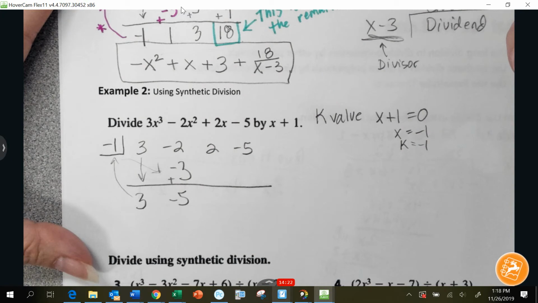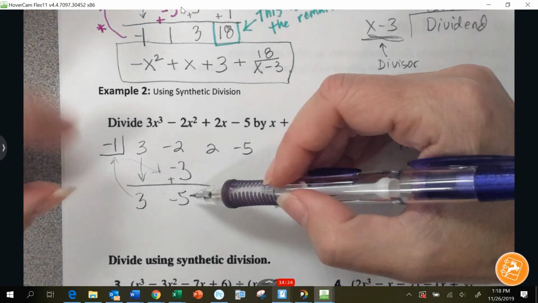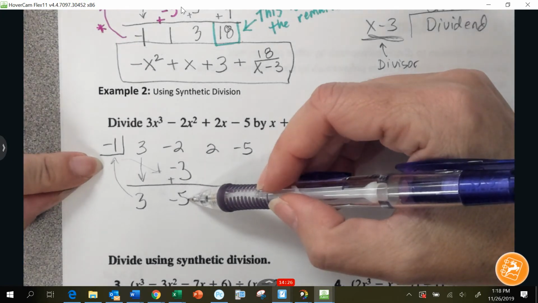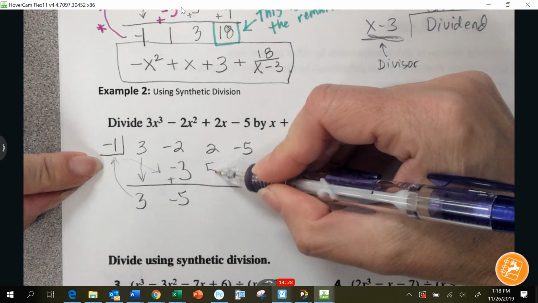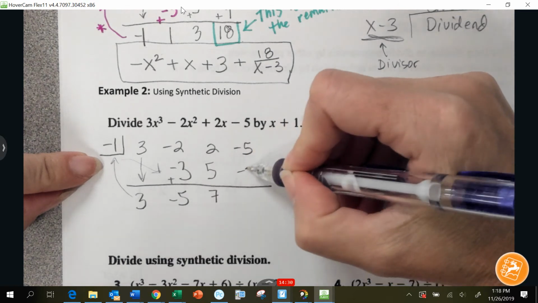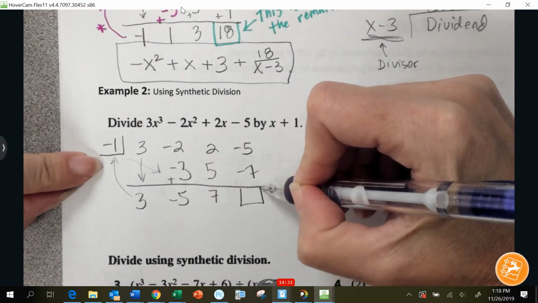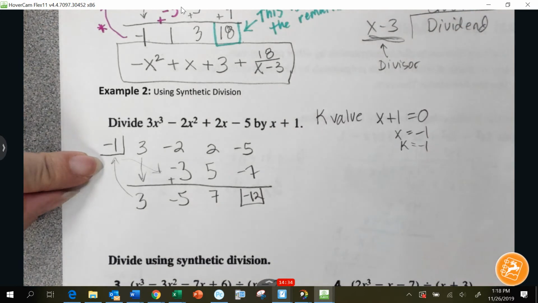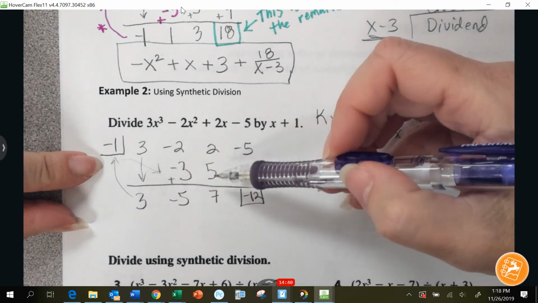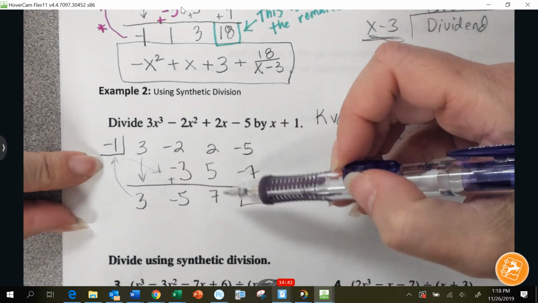Always bring down the first one, and then you take the first one times negative 1. So when you use the coefficient, you also have to use the sign. Yes. Okay, negative 5. So we are multiplying, putting it in there, adding the column.